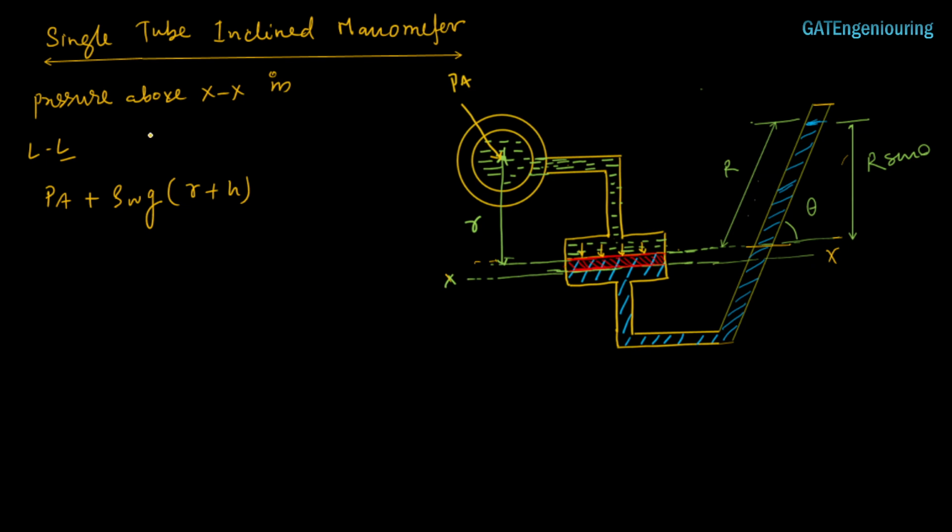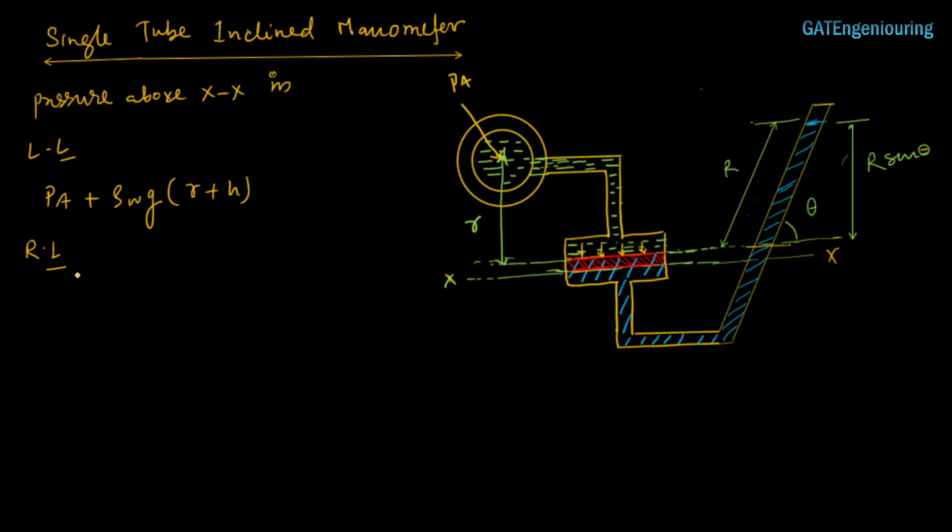So this is the pressure on this side, which is the same as the earlier one where there was no inclination in the tube. And in the right limb, here this r sine theta is the vertical distance. This is the inclined distance, so we will be taking the vertical distance only here.